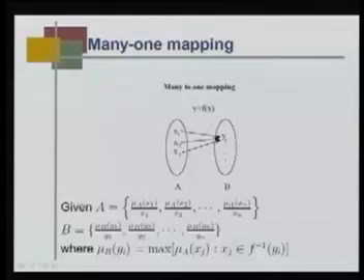In that case, minus 1 and 1 will map to the same point in B, and minus 2 and plus 2 will map to the same point in B. So, that is how many-to-one mapping works.